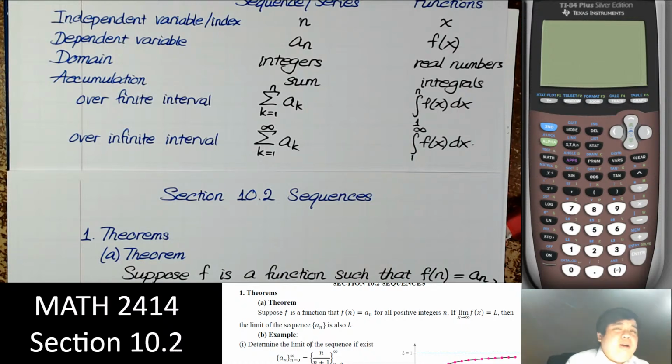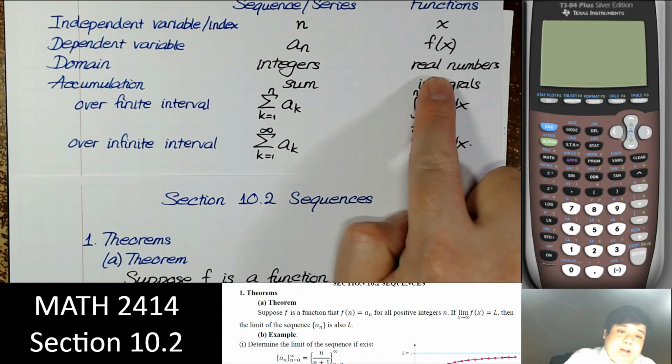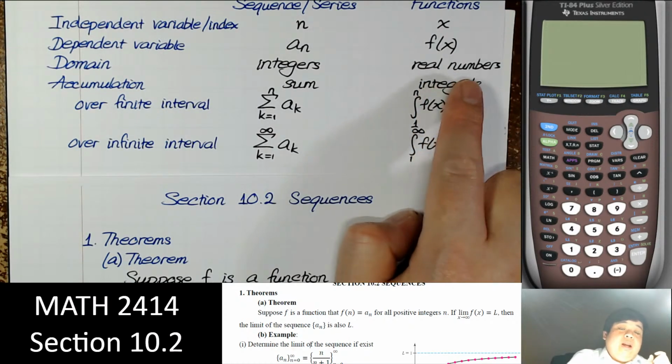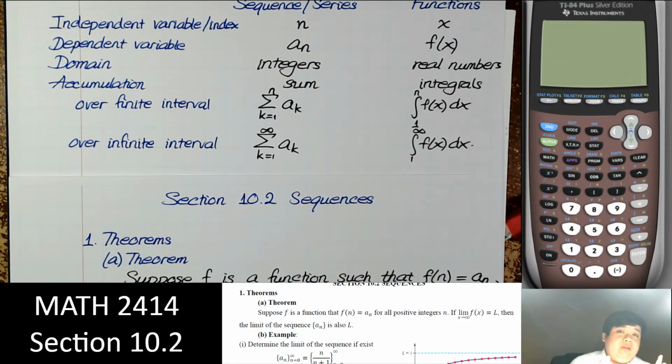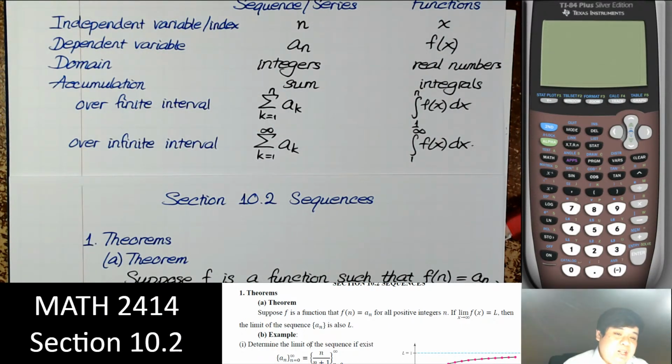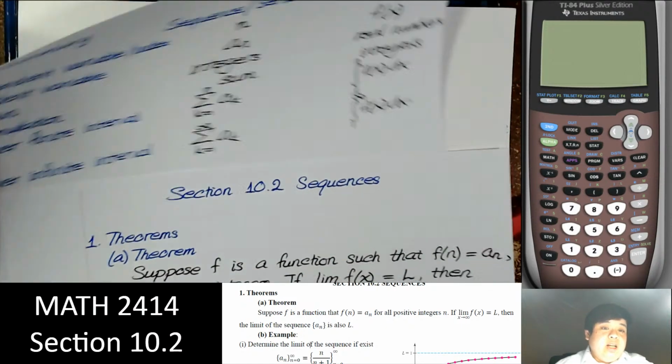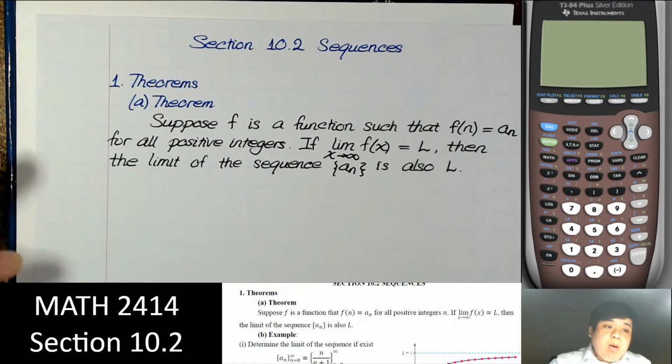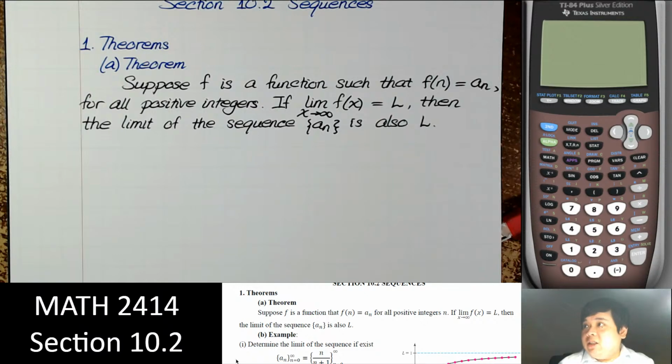But the fundamental difference between a sequence and a function is that a function is defined on all real numbers, meaning it is defined on a continuous interval, whereas a sequence is defined on points that are not continuous. So a sequence is discrete and a function is continuous. One is finite. I should not say finite. One is countable points and the other one is not.